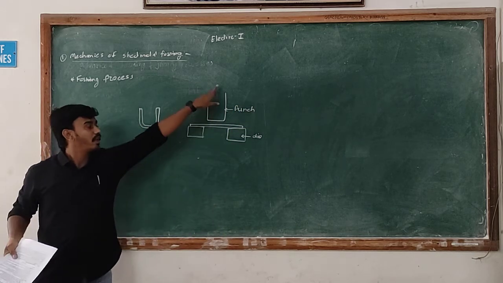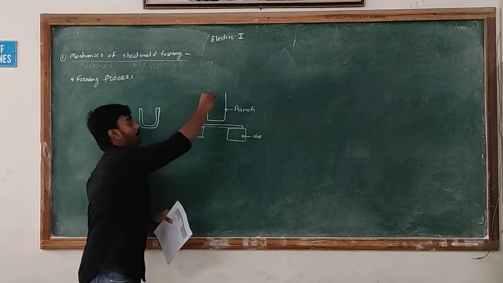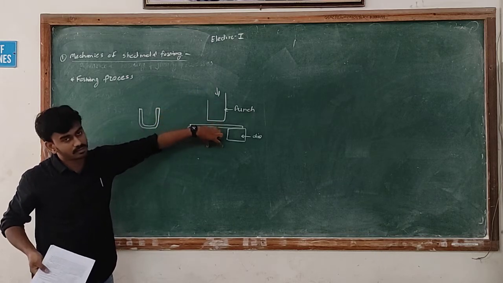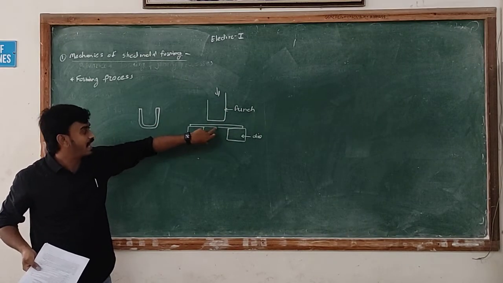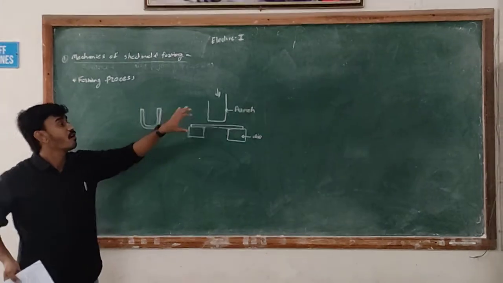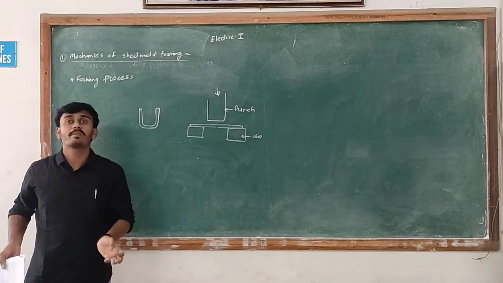When we apply some force on this punch, due to this force the metal is moved into this die, and we get the required shape. This type of process is called the forming process.